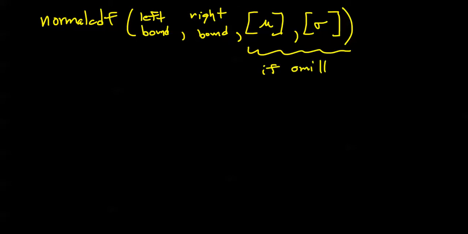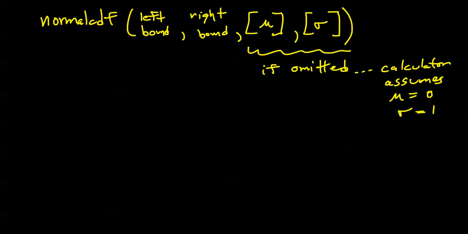If omitted, the calculator assumes a standard normal. In other words, the mean is 0 and the standard deviation is 1. But if you do plug them in, the calculator recognizes non-standard normal distributions, and you can go ahead and compute the probabilities much like we did in section 6.2.